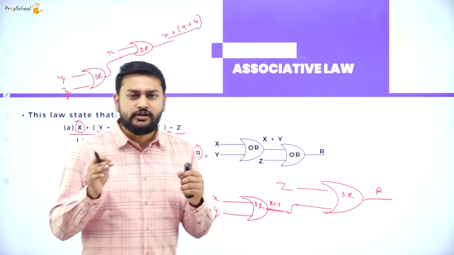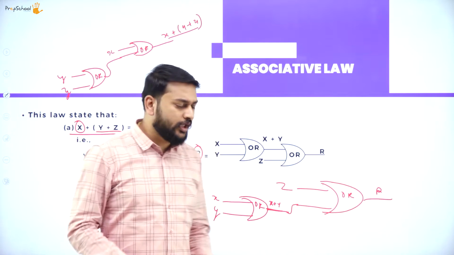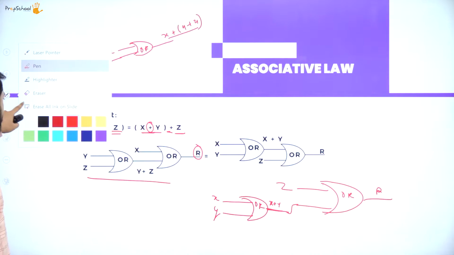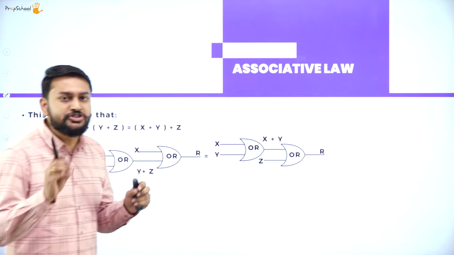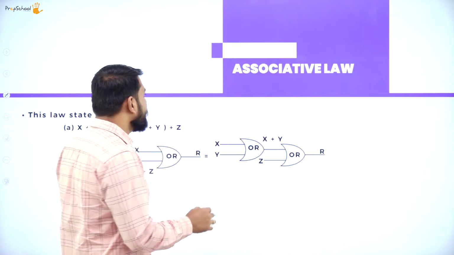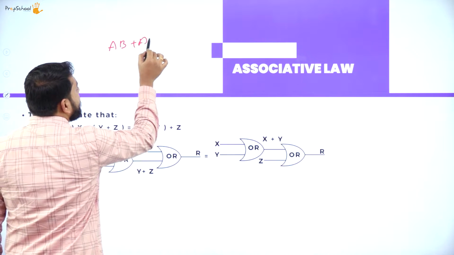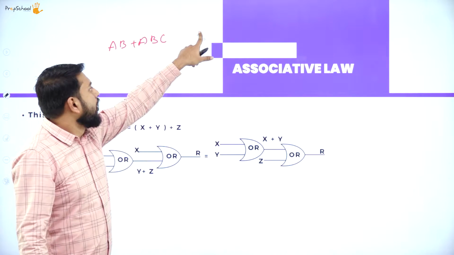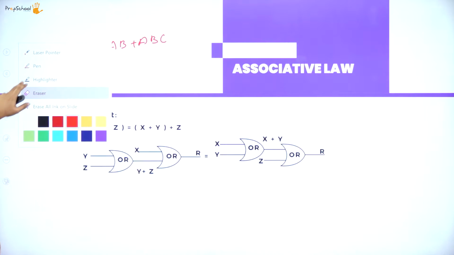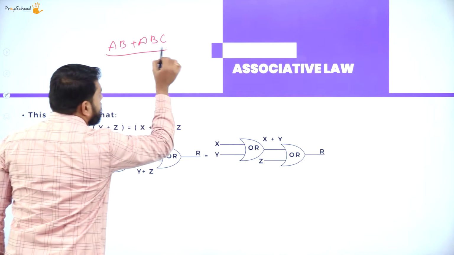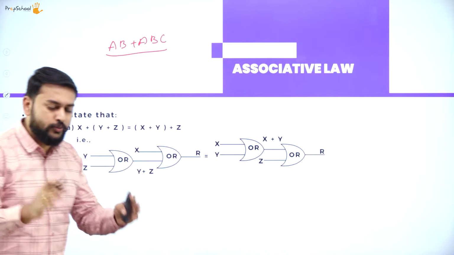So let me tell you a simple thing. How do we write the graphical symbol? Let me give you some tricks. Say for example, I have AB plus ABC. How do I write the graphical symbol for this expression? That's the question now.